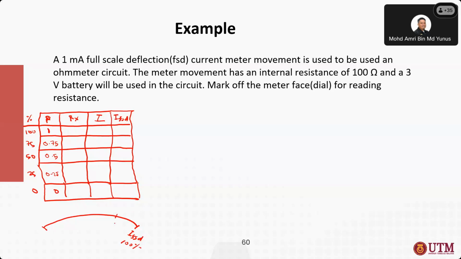Here is 0.75 of the IFSD, or we can say 75% deflection. And here is 50% deflection. Here is 25% deflection, and this is 0% deflection. So we need IFSD, of course.